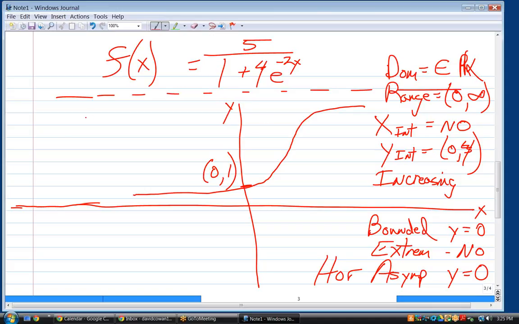The format of a logistic function is C, some number, over 1 plus A times B to the x. That's what we're looking at. C is 5, A is 4, B is e, and it's to the minus 2x instead of to the x.